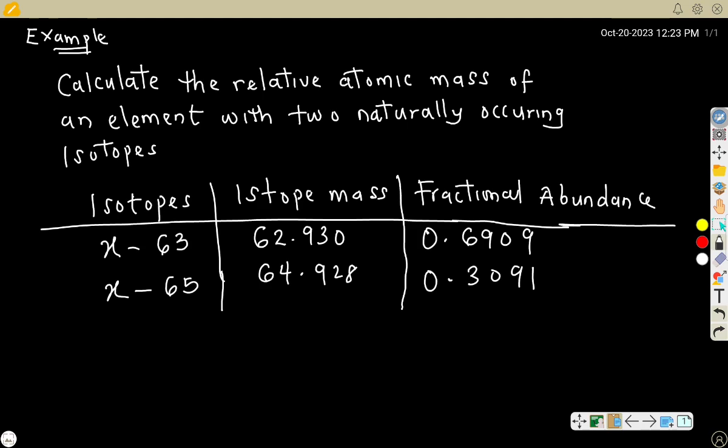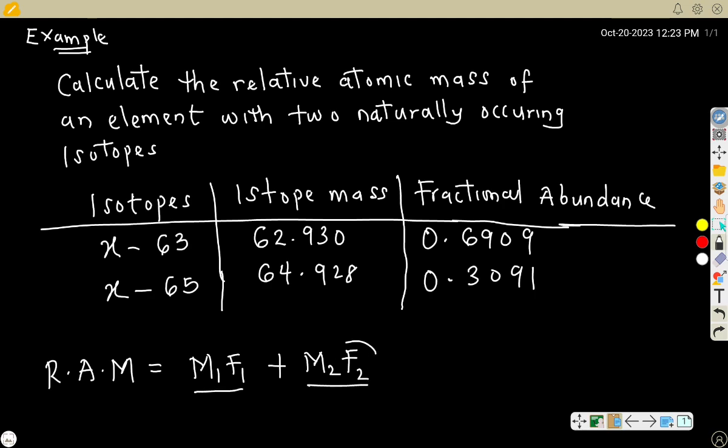If it is percentage that you have, you use the first formula. If it is fractional abundance, you use this one to calculate your relative atomic mass: M1 F1 plus M2 F2. Remember, we have just two isotopes here and two fractional abundances, so I'll stop at M1 F1 plus M2 F2.